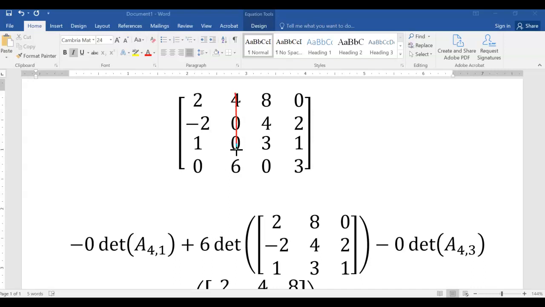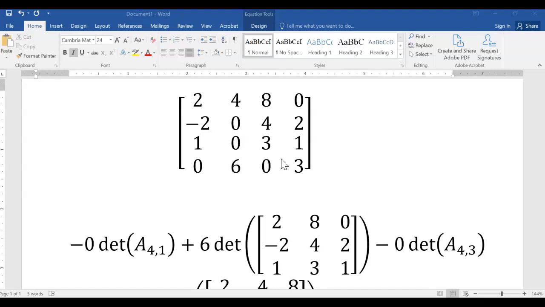If we eliminate this column and the fourth row, we end up with 2, 8, 0, negative 2, 4, 2, 1, 3, 1. And then you just keep going back and forth. By the way, notice that the signs alternate: it'll start as positive, then go negative, then positive, then negative.